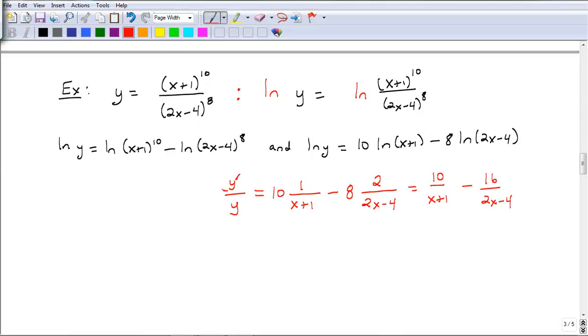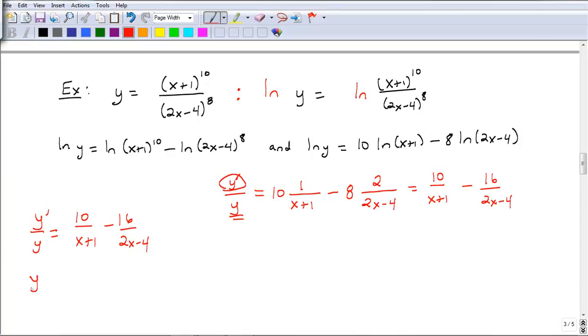Now I want to solve this for y prime, because that's what the derivative is. So I have to multiply the other side, 10 over x plus 1 minus 16 over 2x minus 4, times y. I took this y and multiplied it to the other side. Let me write this in 2 steps. I have y prime over y equals 10 over x plus 1 minus 16 over 2x minus 4.